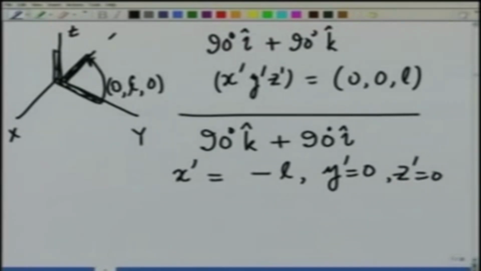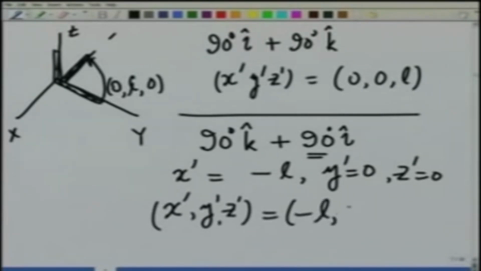After that, if I rotate it about the x axis, nothing really changes. So, the coordinates of the end are minus L, 0 and 0. You can see that the two sets of coordinates do not match at all.